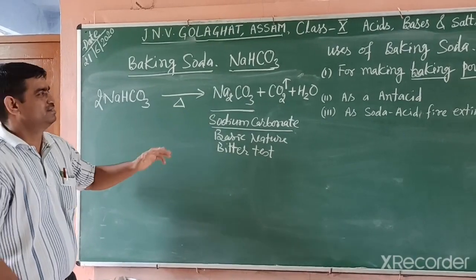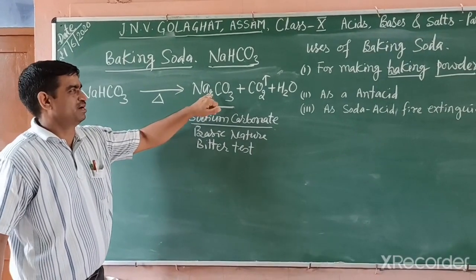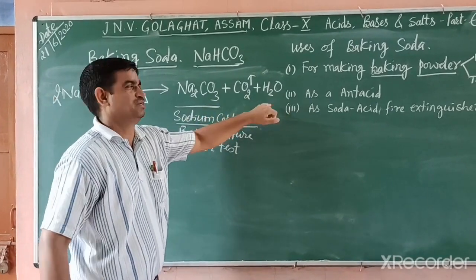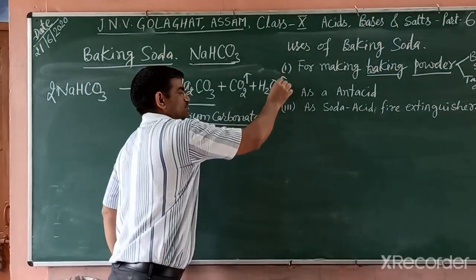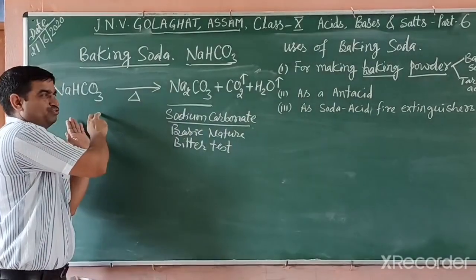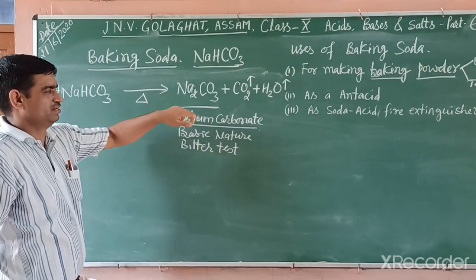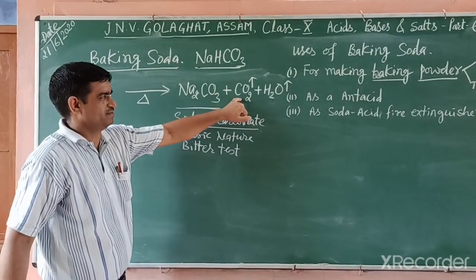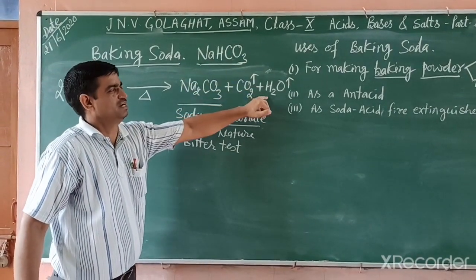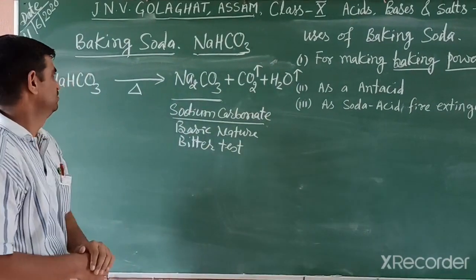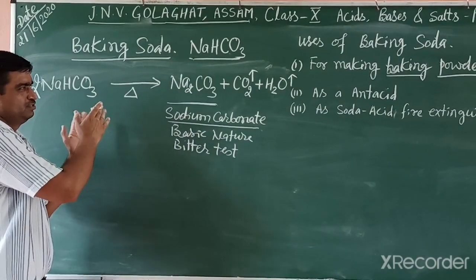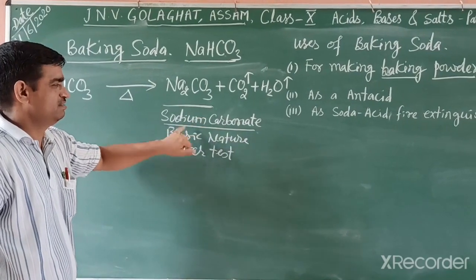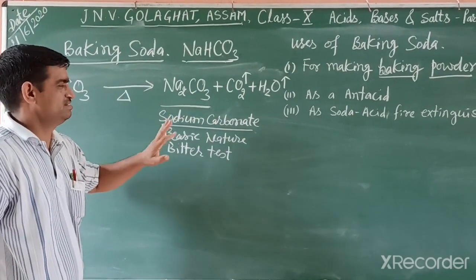When we heat baking soda, it is converted into another compound, named sodium carbonate, and carbon dioxide gas is released along with water vapors. This sodium carbonate is again a basic salt, and basic salts have a bitter taste.